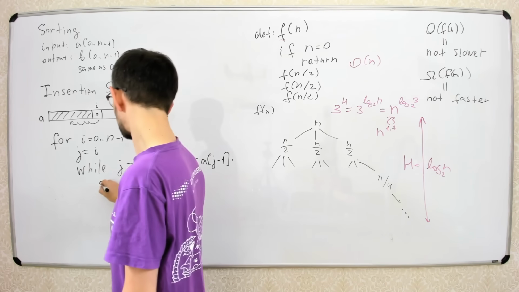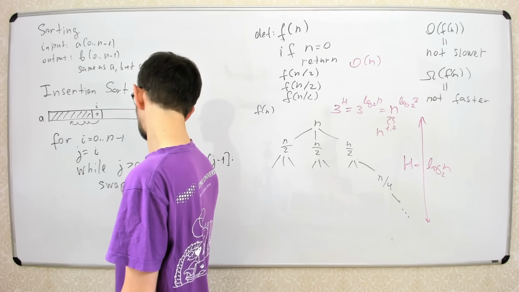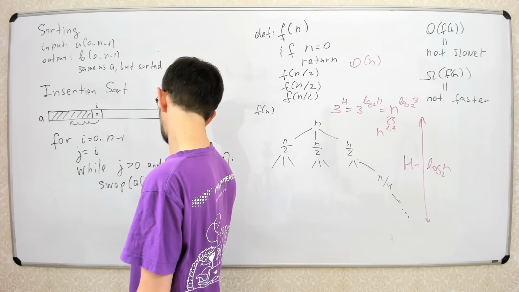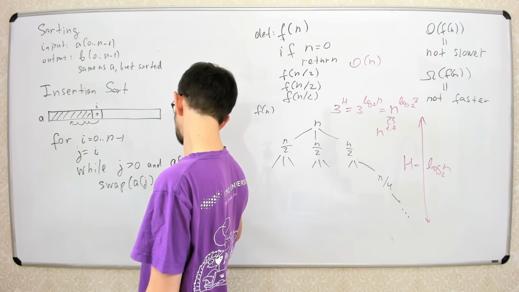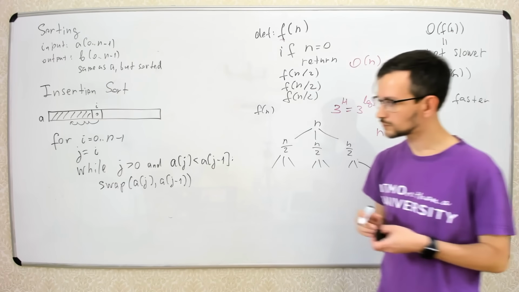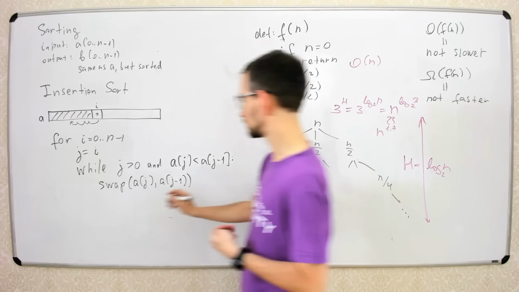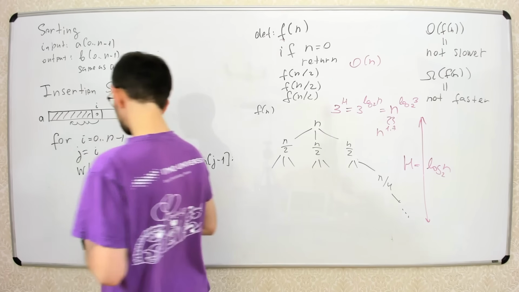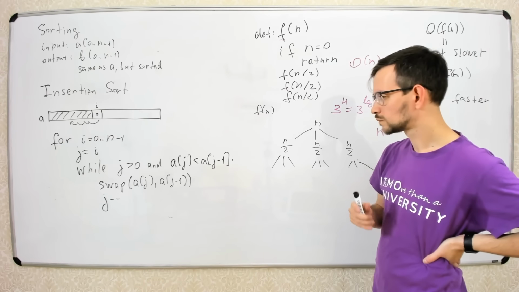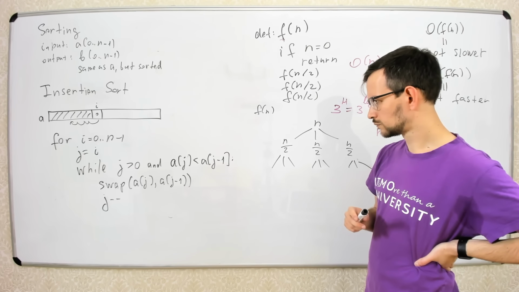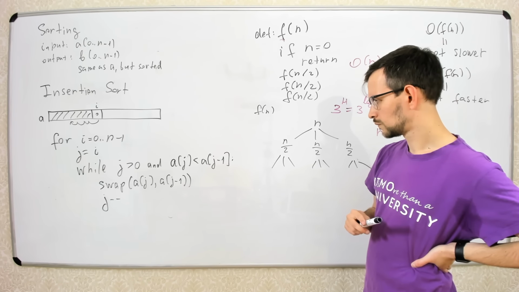So we swap element a[j] with element a[j-1], and decrease j. Looks fine.